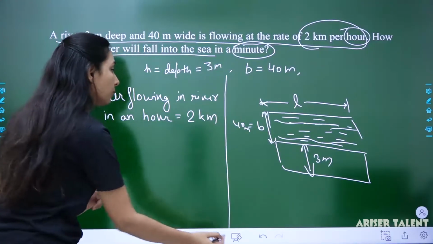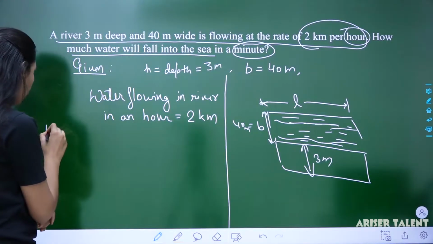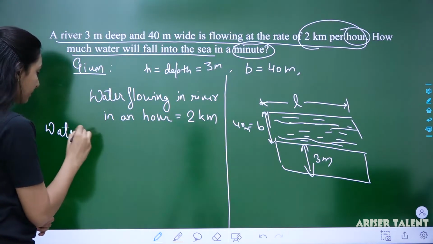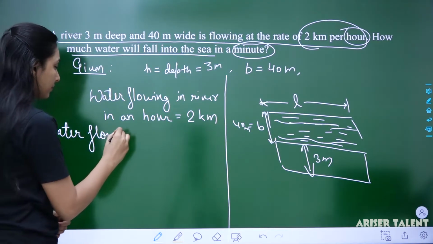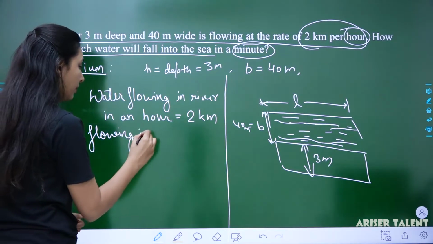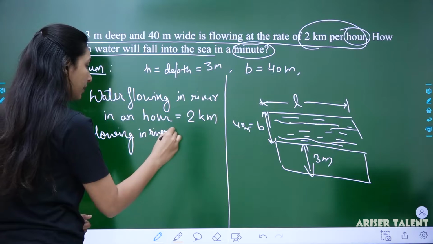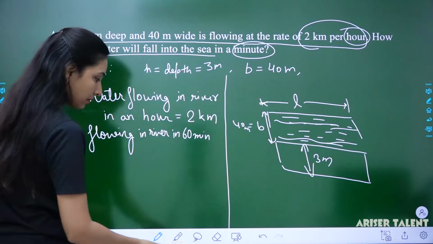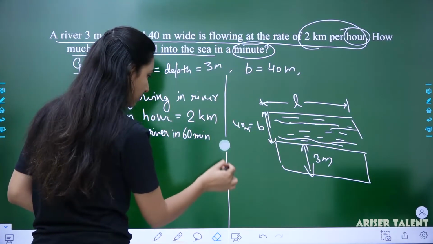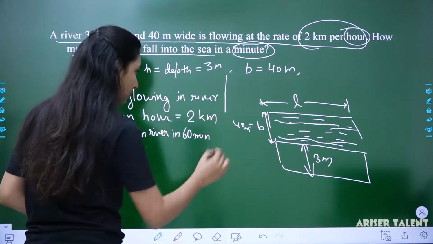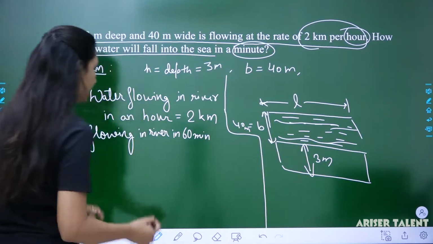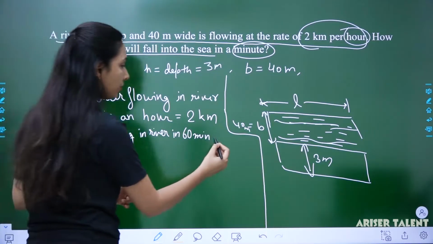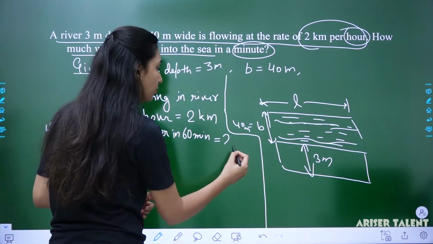That means water flowing in the river in 60 minutes will be 2 km.